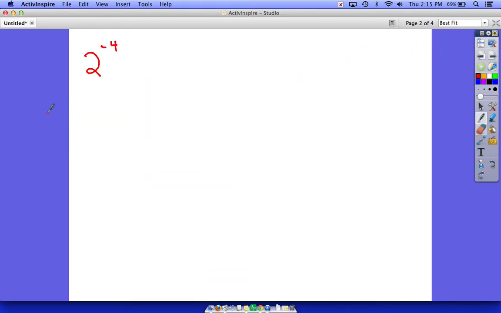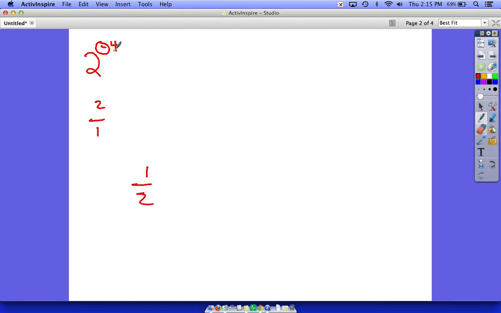So another example for you. 2 to the negative 4th power. Okay? If we had 2 to the 4th power, we'd just be doing 2 times 2 times 2 times 2. This negative in the exponent indicates that we need to take this number, the reciprocal of that, to the 4th power. So 2, the reciprocal of that, 2 is the same thing as 2 over 1. So the reciprocal of 2 over 1, the flipped around version, is 1/2.